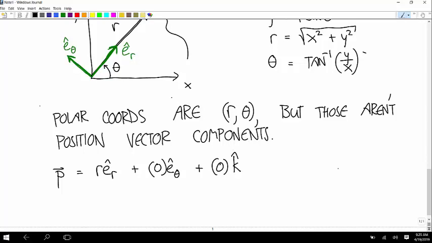That's the same z direction, k direction as in the xy coordinate system. And so I'll write this as the vector r, 0, 0, where the top one represents the er component, the middle one represents the e theta component, and the bottom one represents the k component.